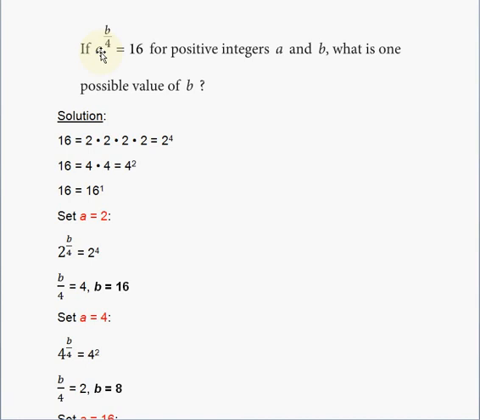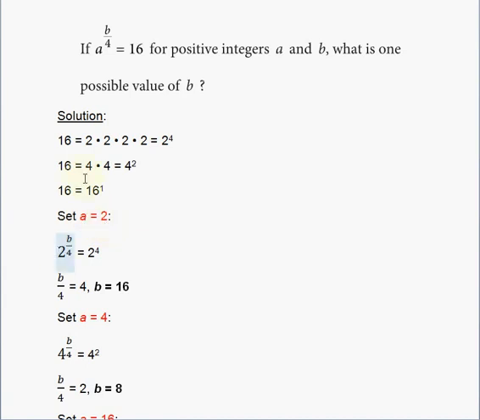So we start with the smallest integer value of a greater than 1, which is 2. Keep in mind that a is the base.